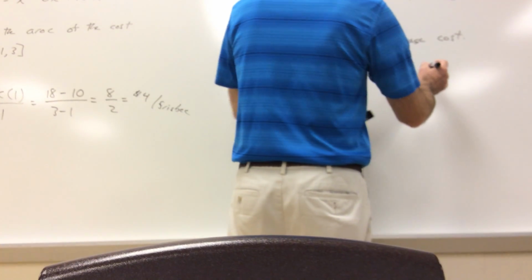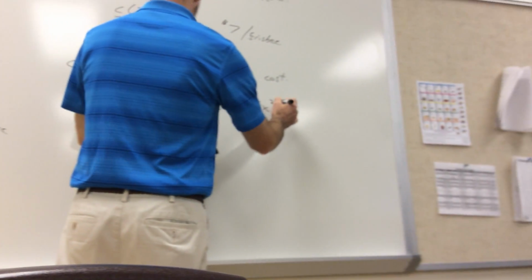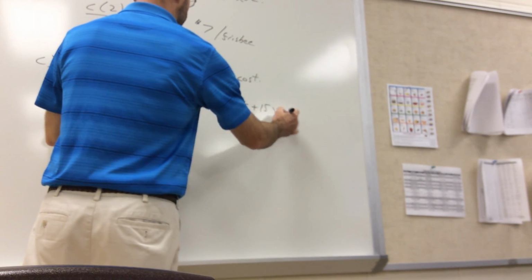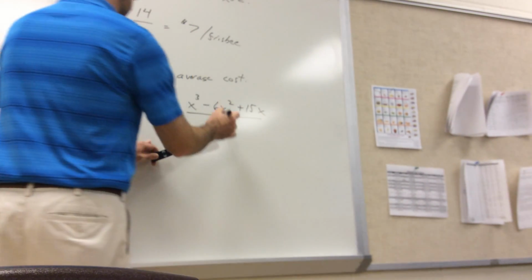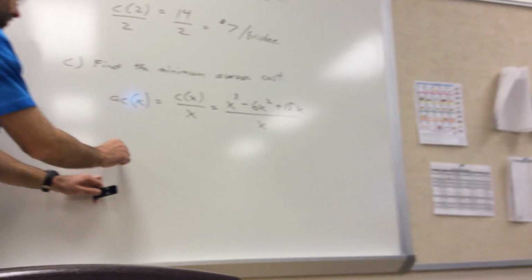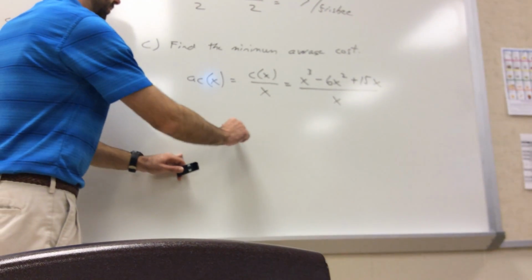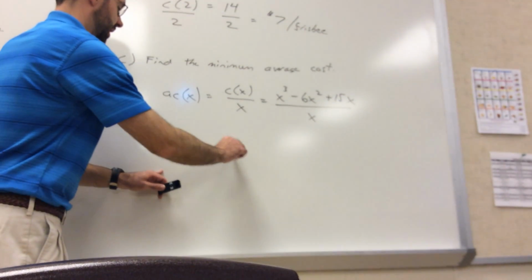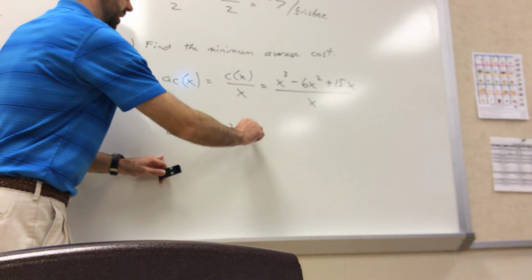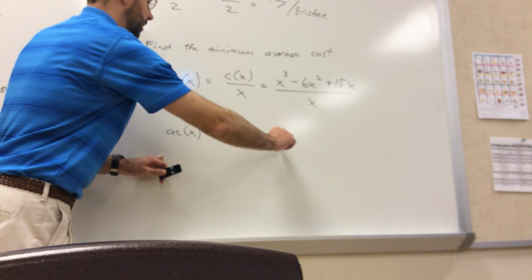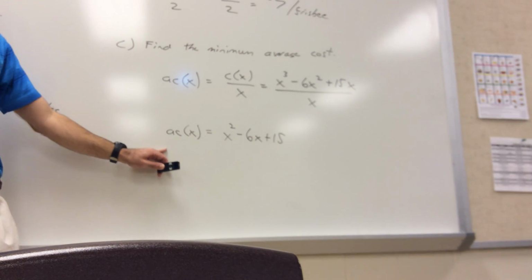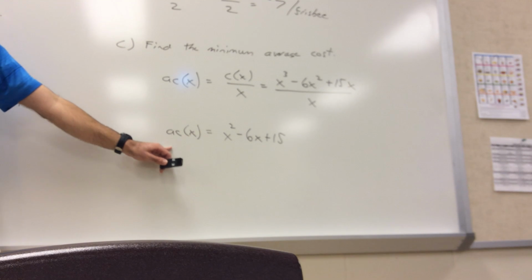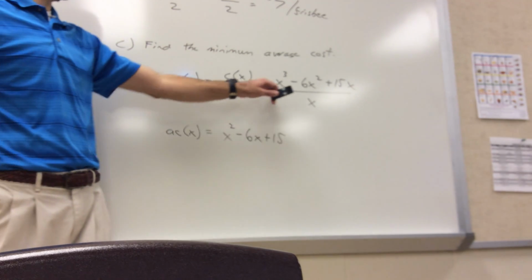So x cubed minus 6x squared plus 15x divided by x, that's the average cost function. That'll distribute. It's x squared minus 6x plus 15. I just divided each of these by x.